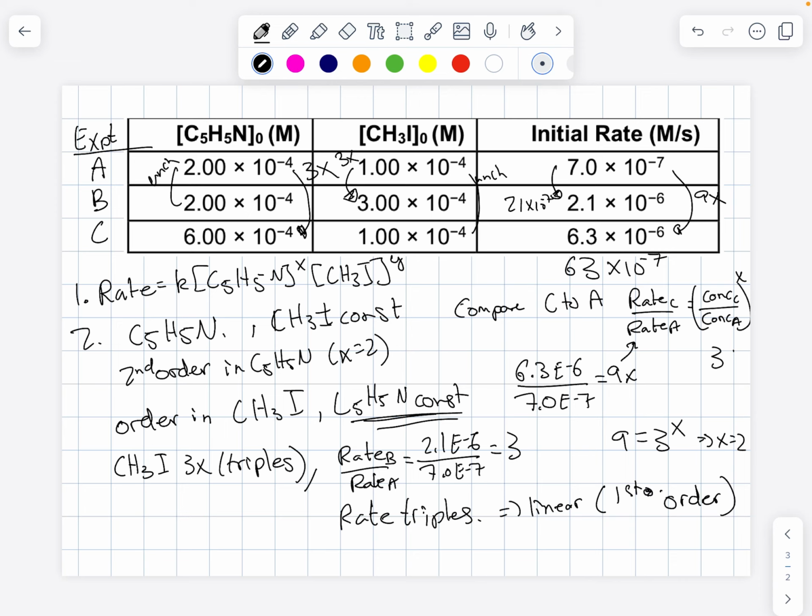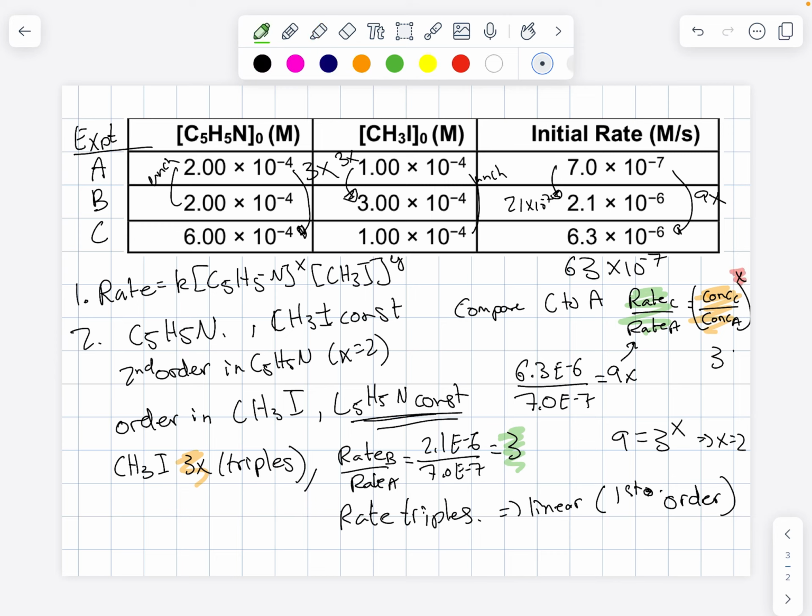Again, we can show the math if you like that. Let's say I do the rate factors here in green, the concentration factor here in orange, and I'll just use red for my exponent here.